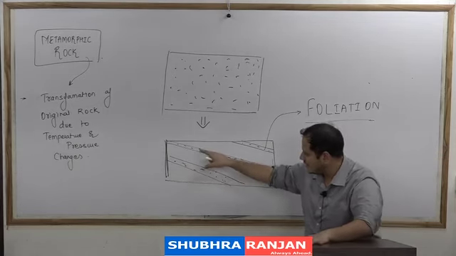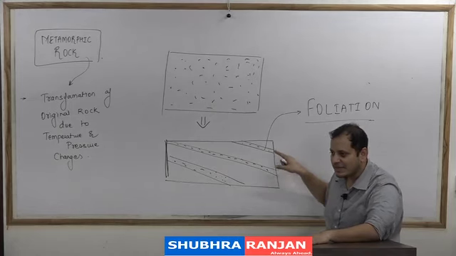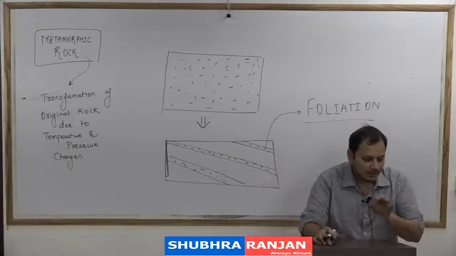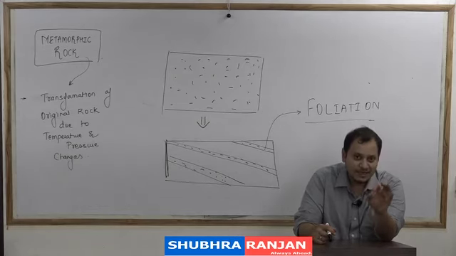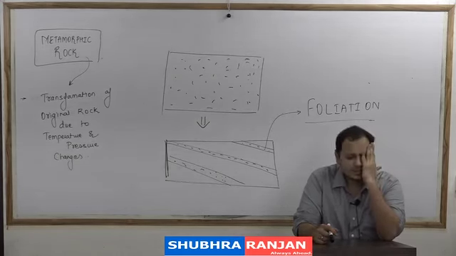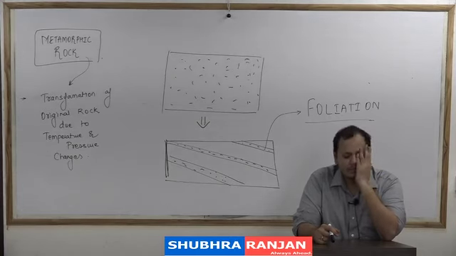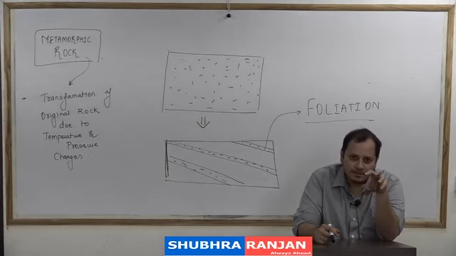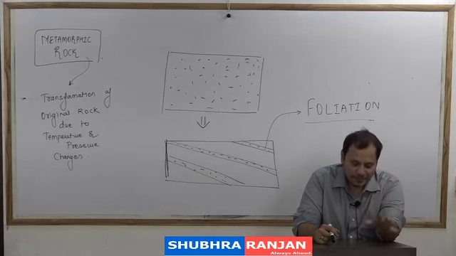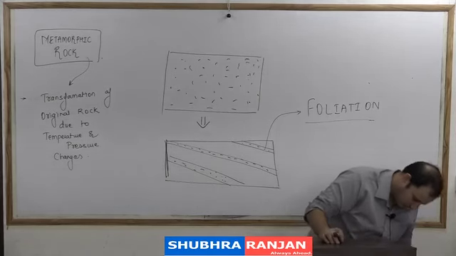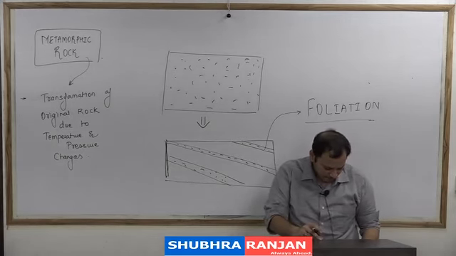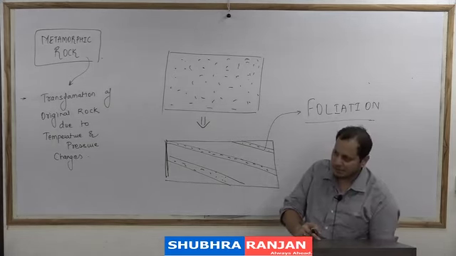So as a result, we have bands on the rocks, and that is known as foliation. Now you write down, foliation means arrangement of crystals in the parallel bands.